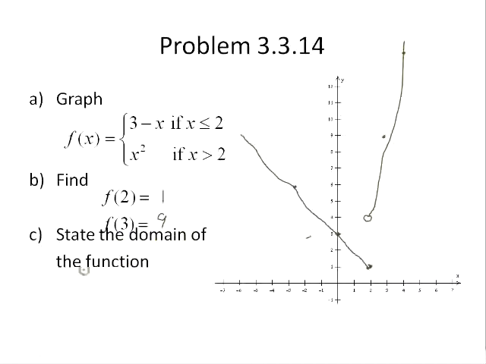And finally, it says state the domain of the function. The domain of this function is all real numbers, because no matter what the x value is, we can get an output value. So the answer is all real numbers. In interval notation, this would be from negative infinity to positive infinity.